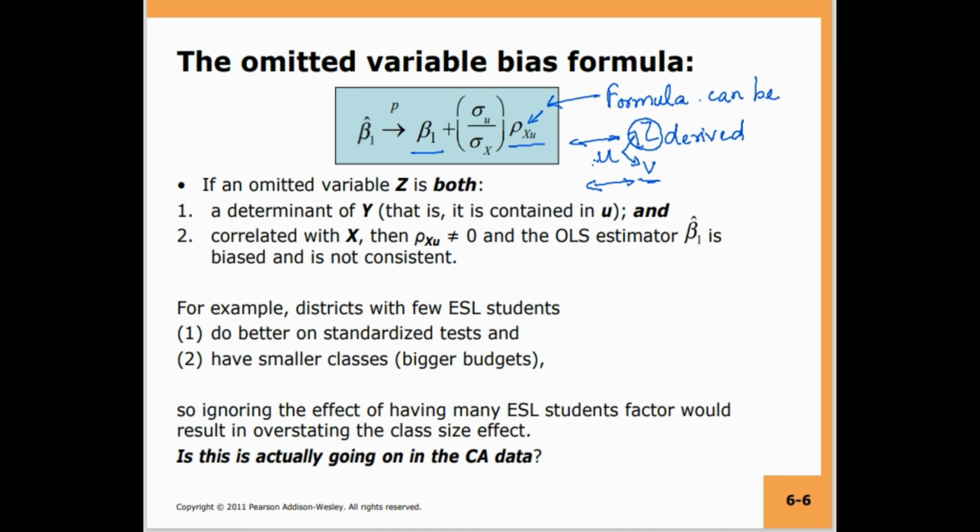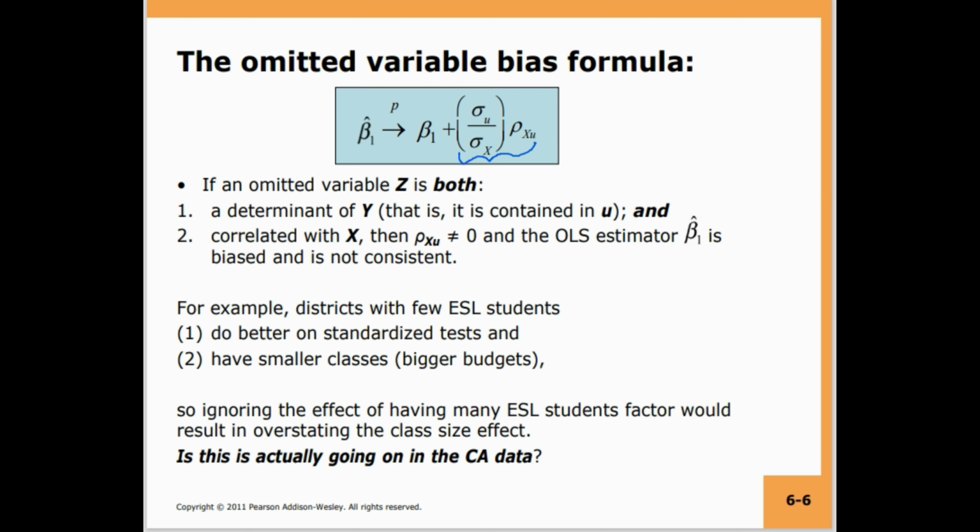As the correlation between x and the included variable and the error that is left over increases, the bias will be higher. That is, it deviates from the true population beta 1 by a larger amount. So this is the bias, and the bias is higher when the correlation is higher.